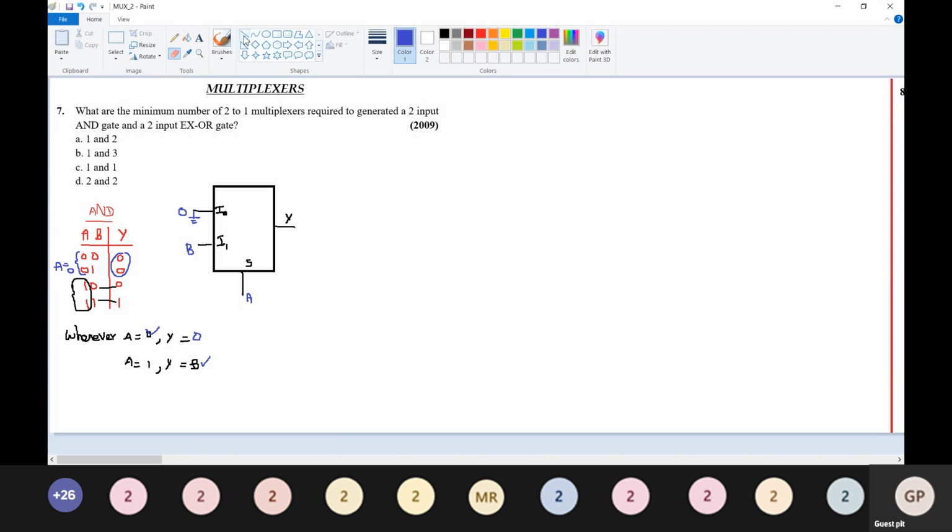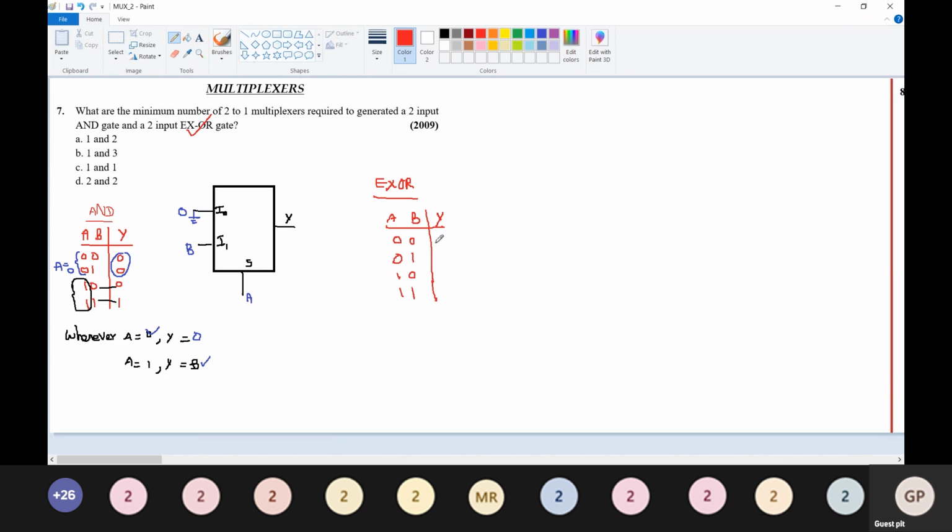Got it? Next, we'll do the same for the XOR. For the XOR truth table, similarly, A, B, and output Y: 0, 0; 0, 1; 1, 0; and 1, 1.